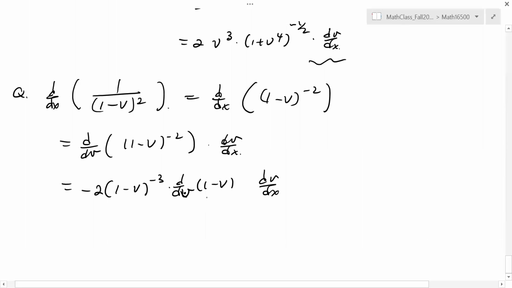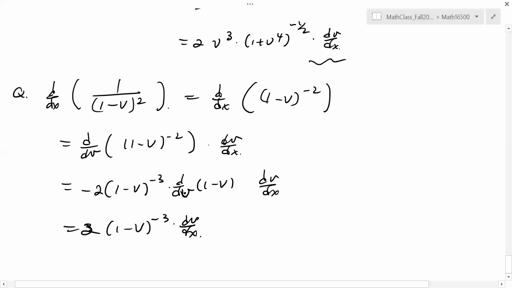So that is going to be negative 1. So combine them together, it's 2.